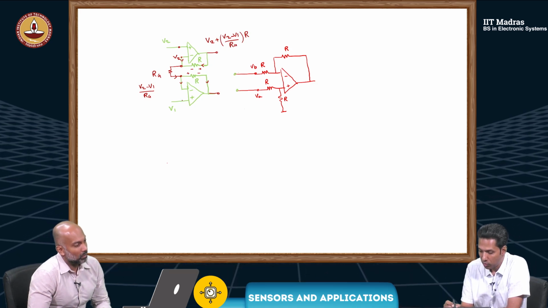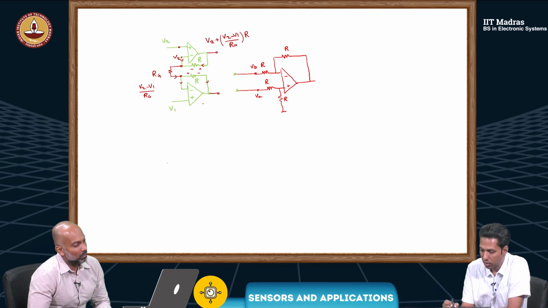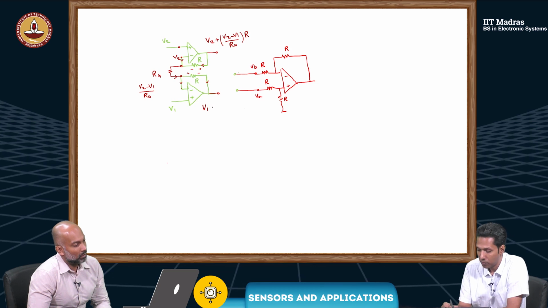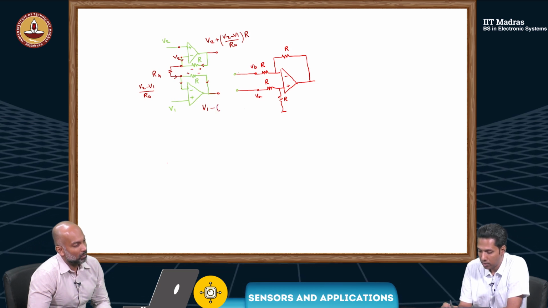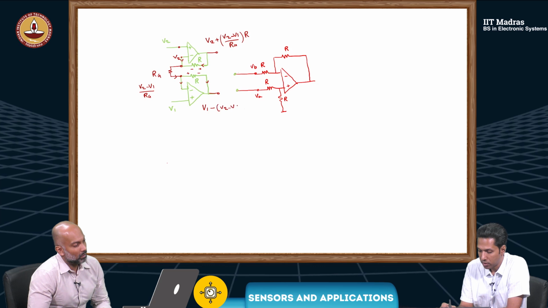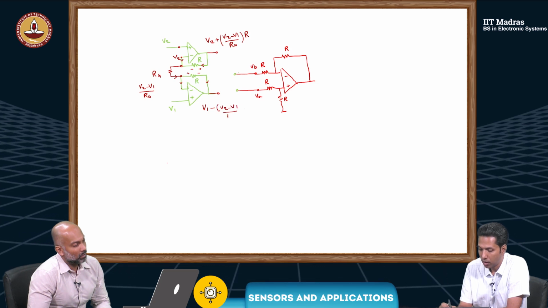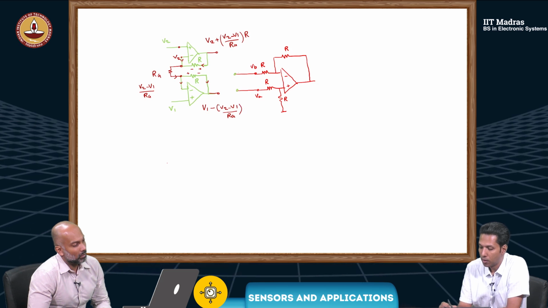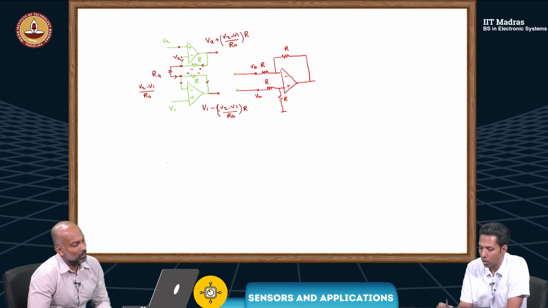And the voltage here will be, this is V1, so it's V1 minus the drop here, correct? So V1 minus, the current is V2 minus V1 by RG, into R.